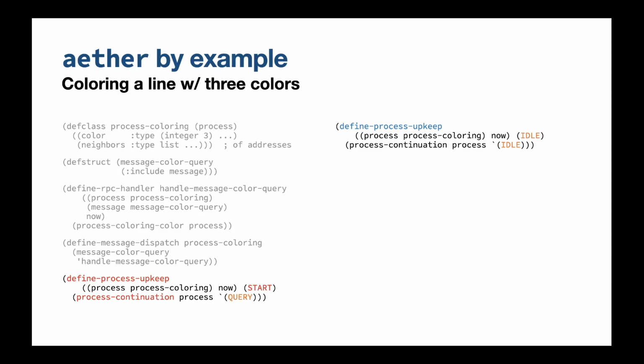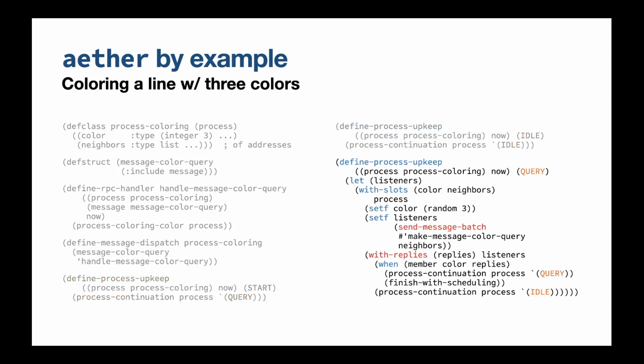So there's this query state, which is where the bulk of the computation is going to get done. And the job of the start continuation is just to push the query continuation onto the continuation stack and then move to it. And then there's also this idle state, whose job is just to busy wait in the idle state, where the idea is that this will keep the actor from terminating so that it's still alive to receive and reply to messages that are inbound.